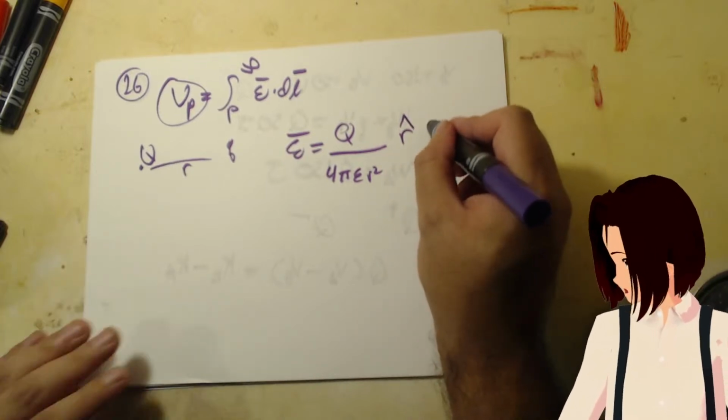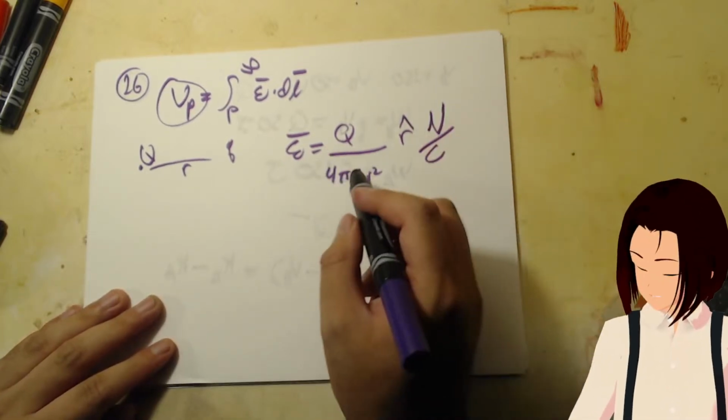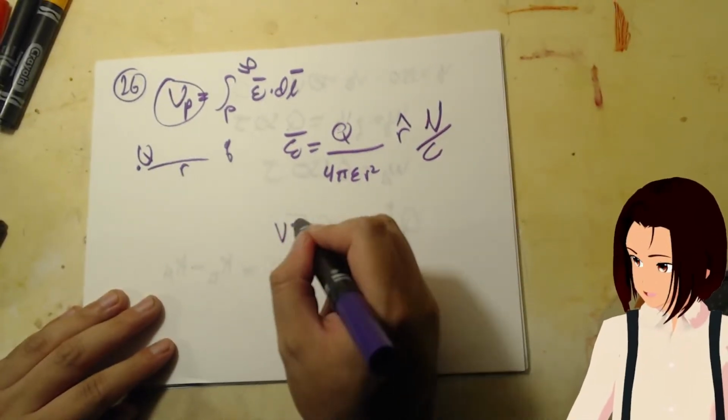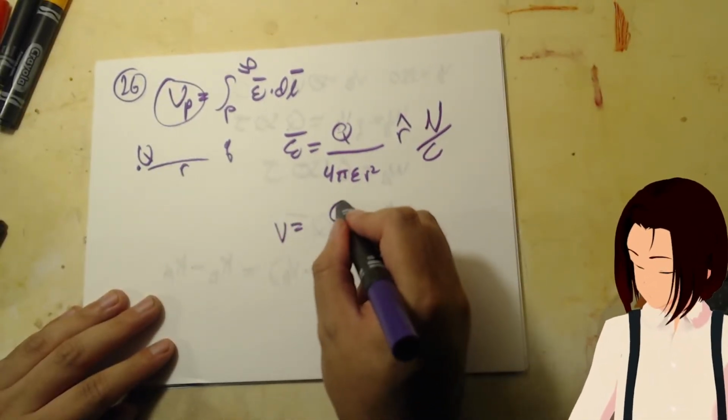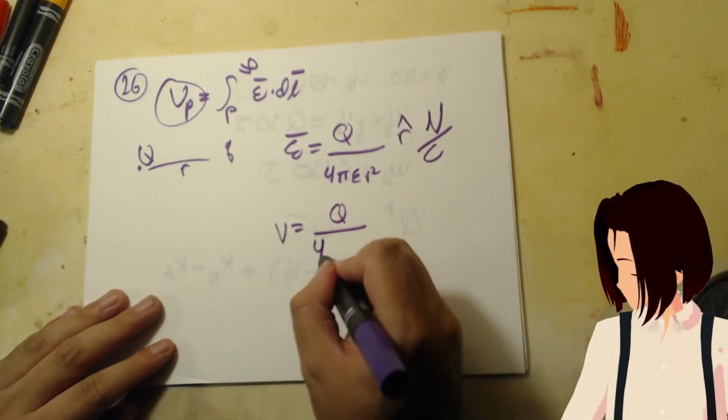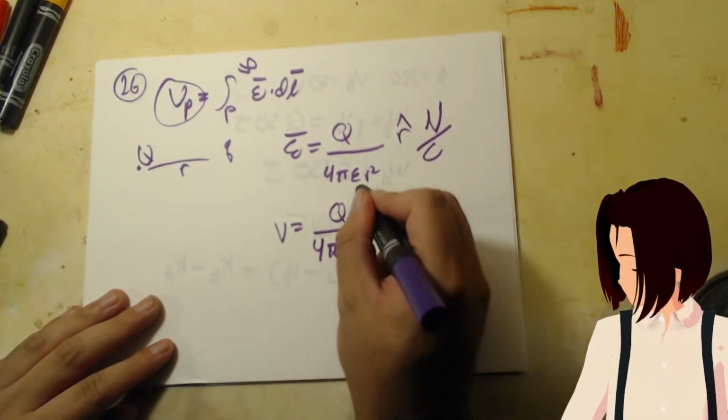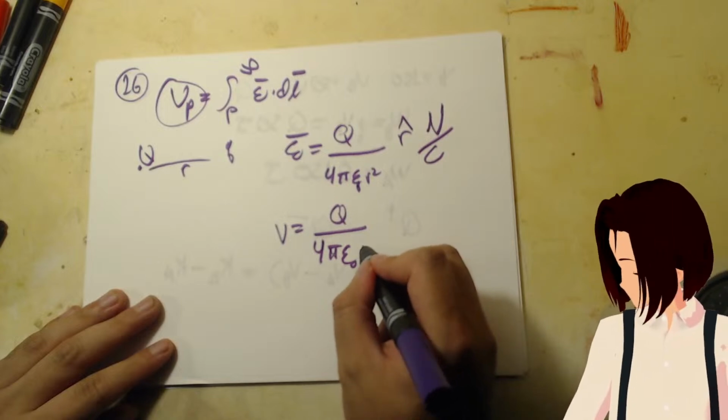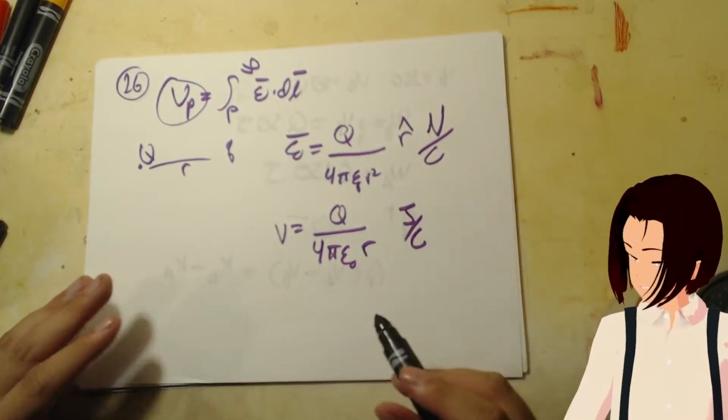That is newtons per coulomb. And we also did the Van de Graaff for potential. And we have this.